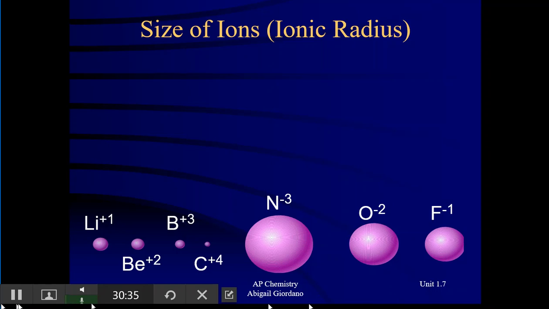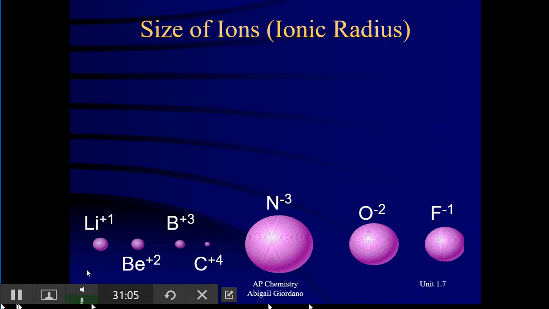What I want you to notice is that these first 4 particles are getting smaller, but there's this huge jump between the carbon ion and the nitrogen ion. Let's think about why that is. Let's talk energy levels. Look at your periodic table.